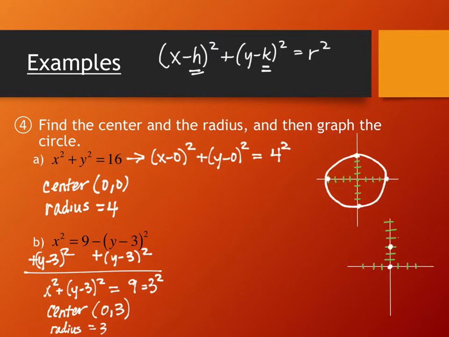From my center to the right 3 puts me over here. To the left 3 puts me over here. And then up 3 puts me right here. Okay, and then we're going to connect those dots as best we can in a circular fashion. That might be slightly better than the last one, I'm not sure. So we have our second circle.